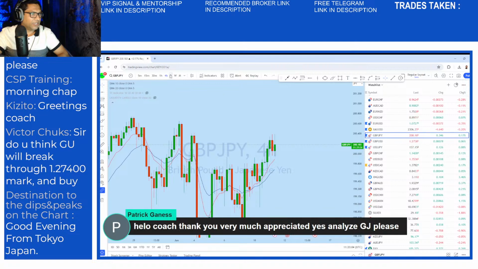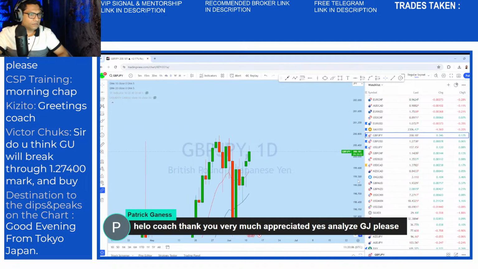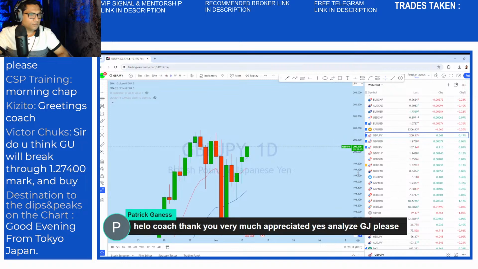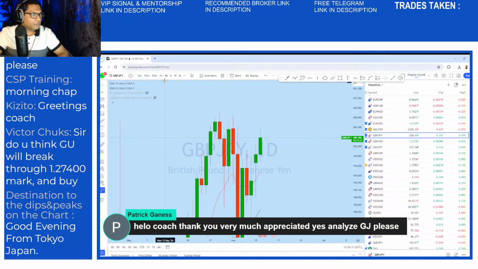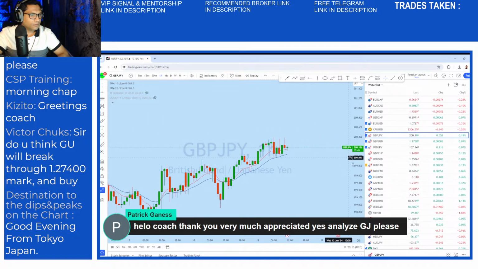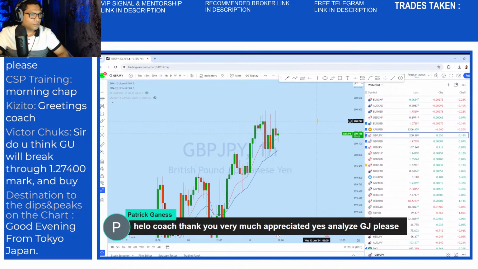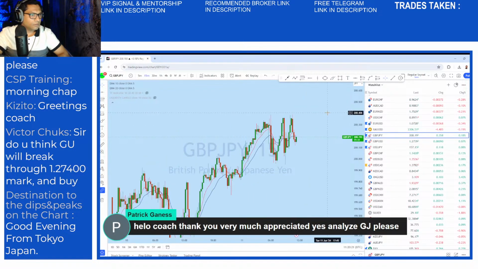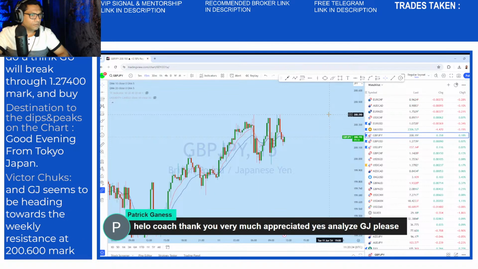If you look at the daily chart, this is the resistance line.